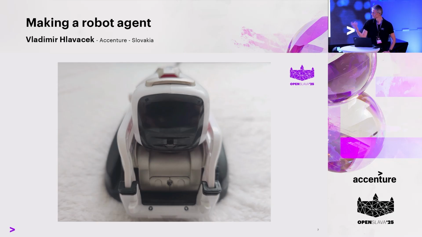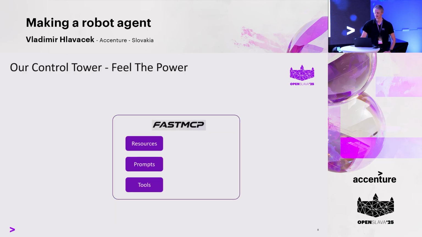And yeah, so we will be controlling him, and I will show you how to build an MCP server for such an application and how to run it. And what I actually did was, this is what the control tower that I'm building for this little guy looks like, right?